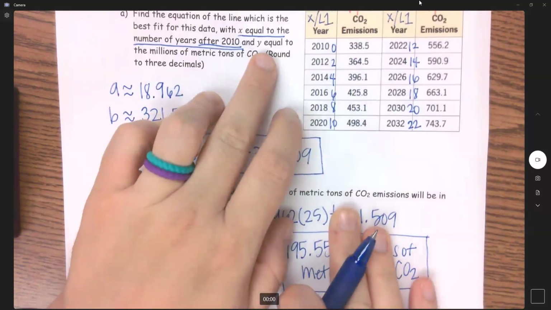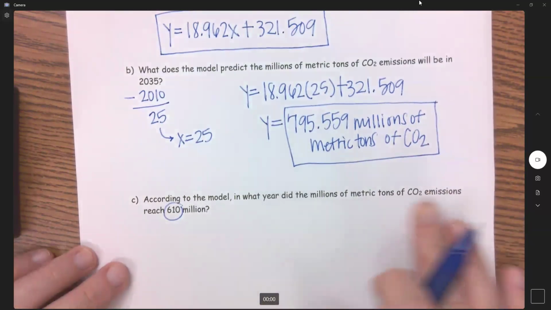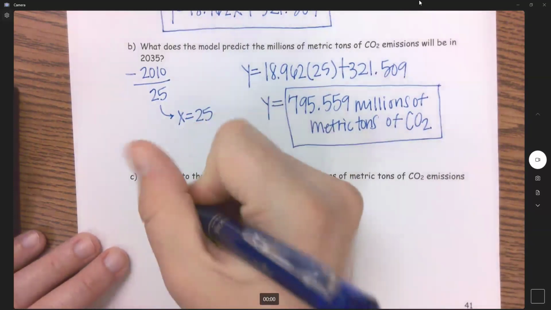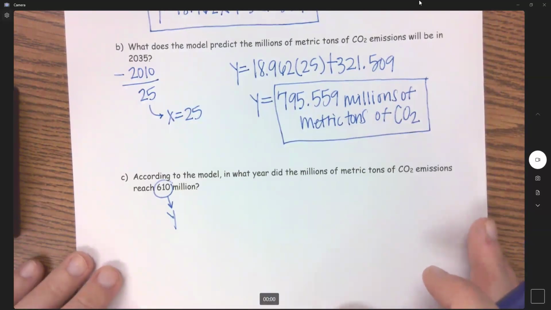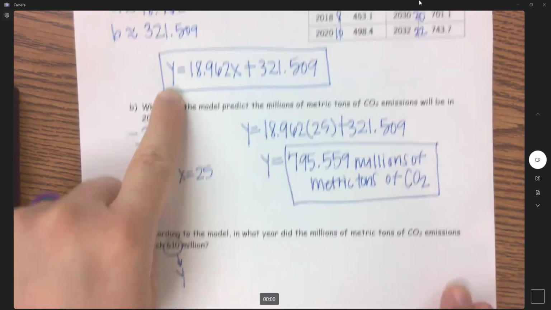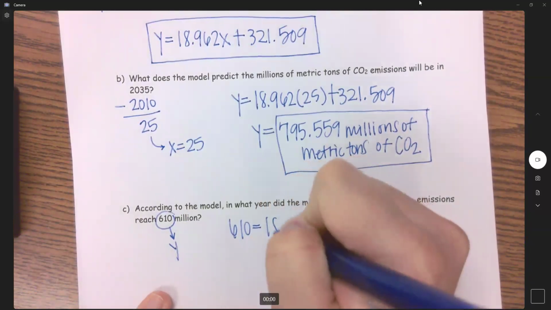So Y is equal to the millions of metric tons of CO2 if they're telling me that it has reached this right here. This is my Y. So I am plugging that in for this Y right here. We have 610 equals my equation.